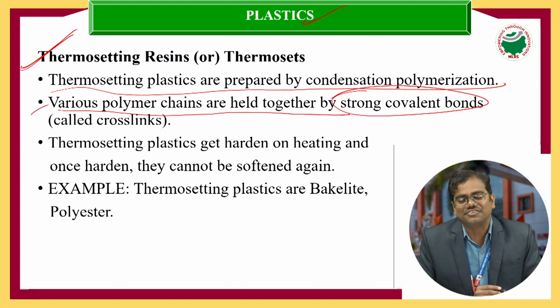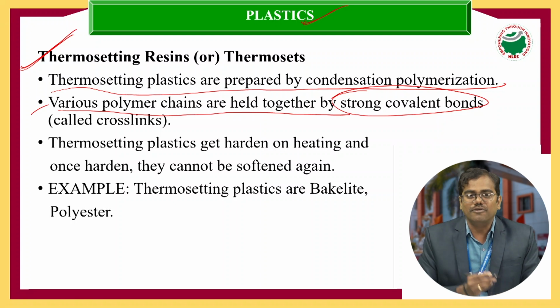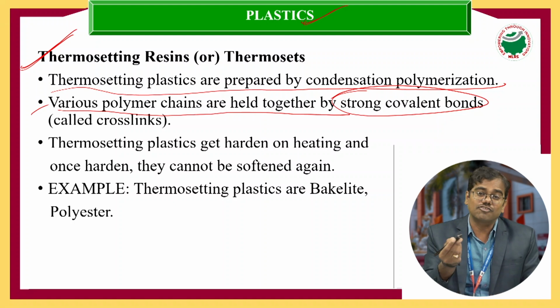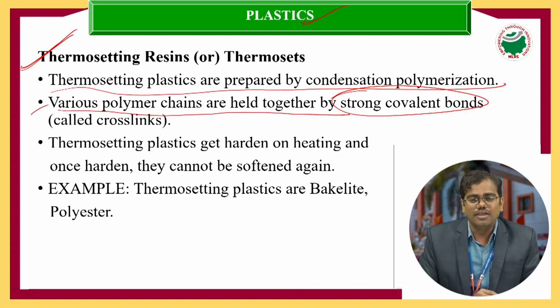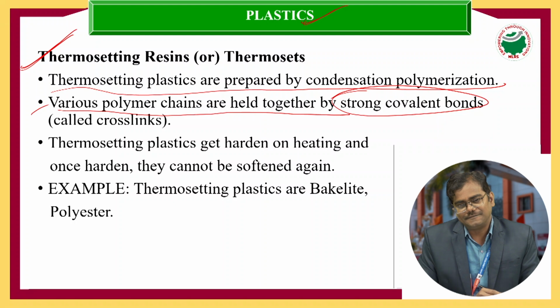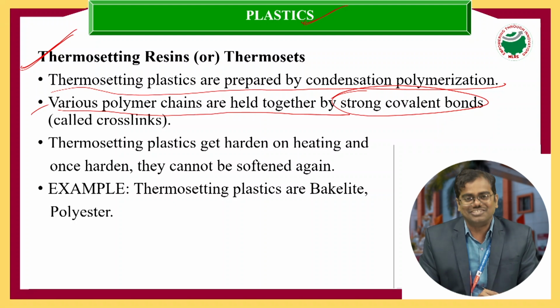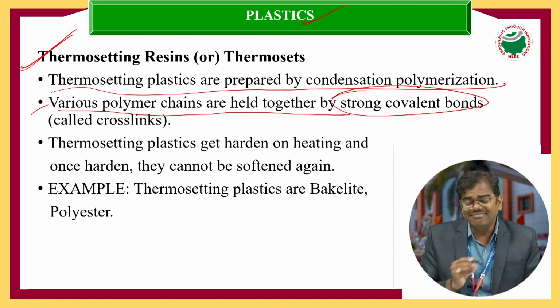Just now we discussed condensation polymerization with examples. For example, nylon 6, polyester, which is also called Dacron, urea formaldehyde resin, bakelite resin, and novolac resins. Many examples are there for thermosetting resins, because they are prepared by condensation polymerization.